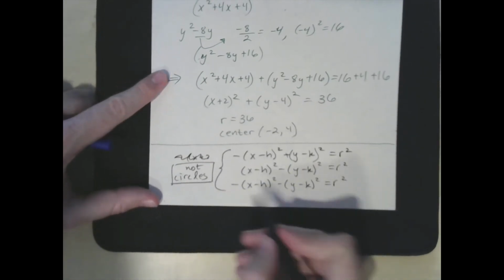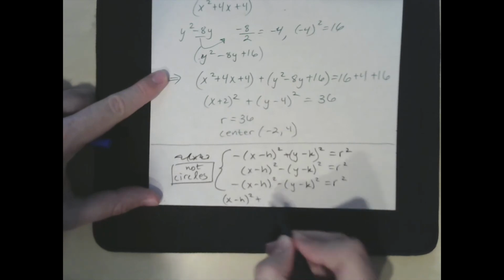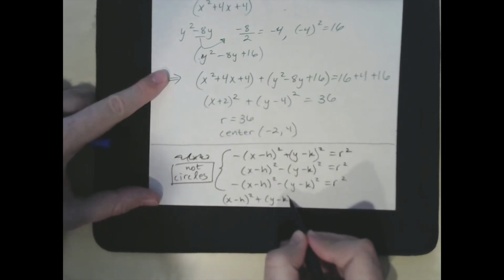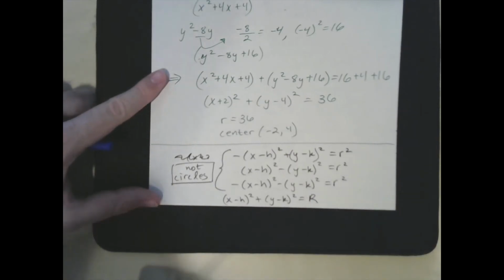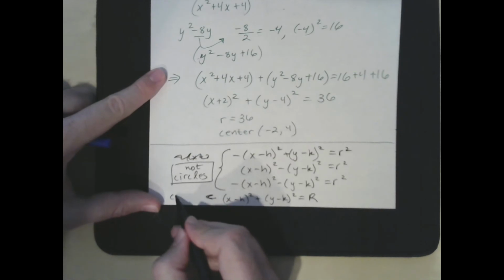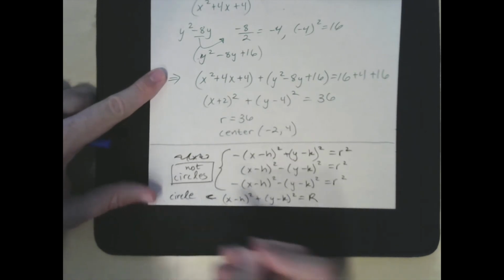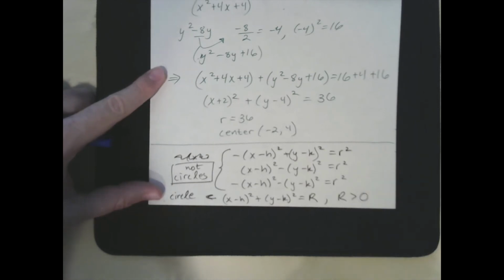Because of the minus. However, x minus h squared plus y minus k squared equals, let's say, big capital R. This is still a circle as long as R is greater than 0.